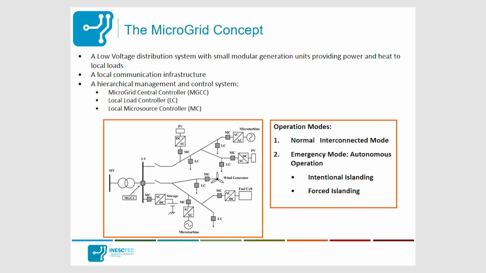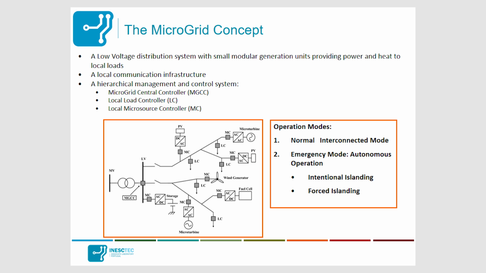And this microgrid, as you will see in the next presentations, can be a little bit larger. It can also include medium voltage or even high voltage networks and be related with the grid of a big island. But this is a kind of a cell, the elementary cell of the development of this concept.